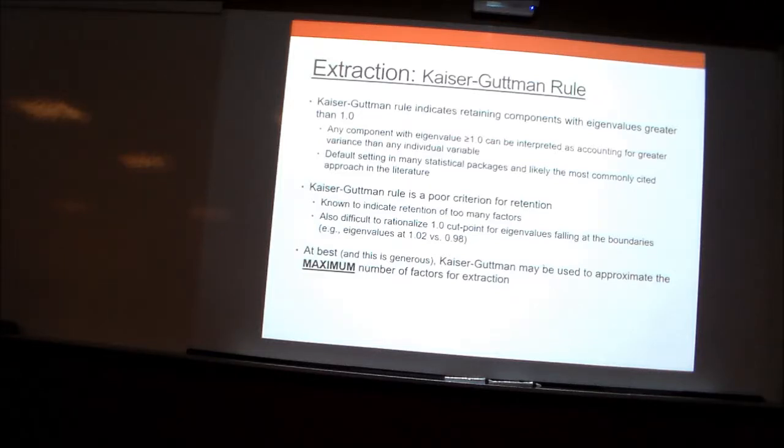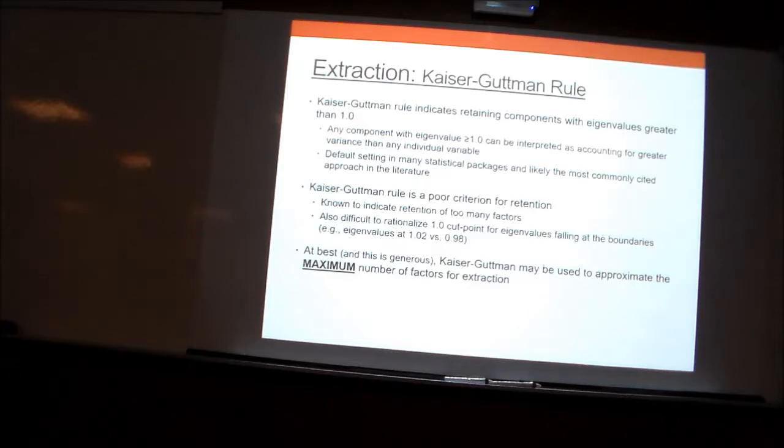It's also difficult to rationalize the cut points. I got an eigenvalue of 0.98, so I'm certainly not going to keep that factor, but I've got an eigenvalue of 1.02, so definitely need to keep that one. These are two categorically different things?